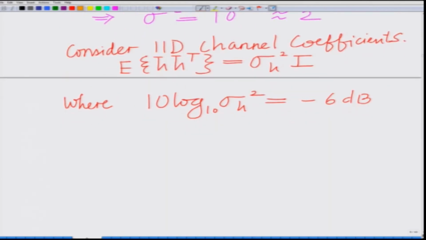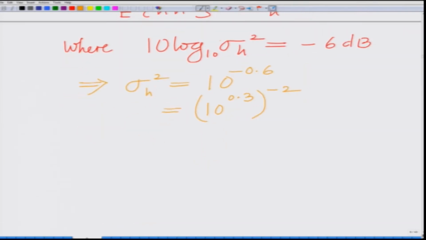Now, what does this imply? This implies that sigma h square equals 10 to the power of minus 0.6, which is 10 to the power of 0.3 raised to the power of minus 2, since 10 to the power of 0.3 is approximately 2. This is equal to 1 over 4. So minus 6 dB implies sigma h square equals 1 over 4.